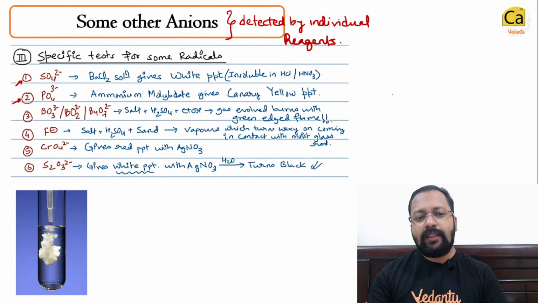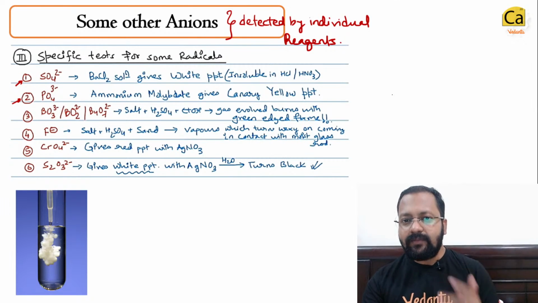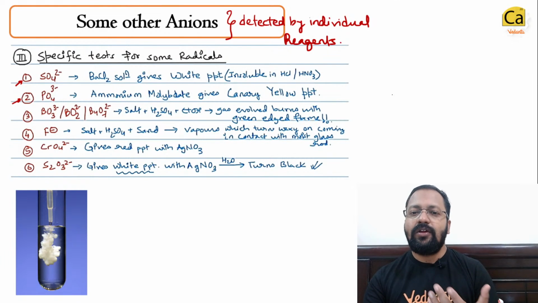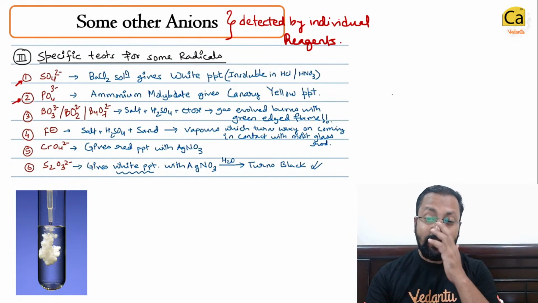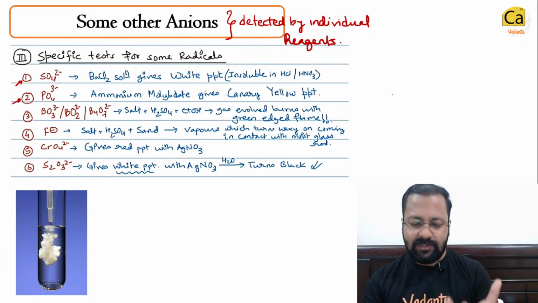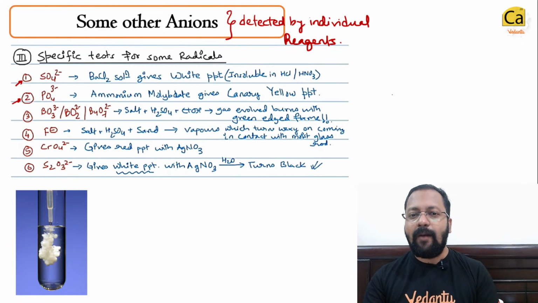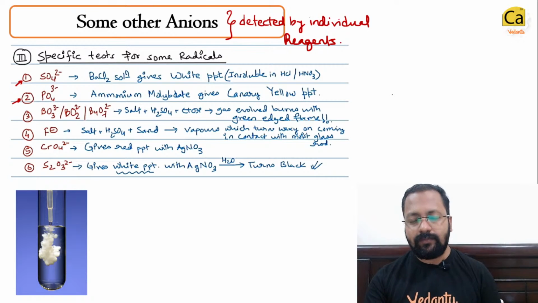So the next one is phosphate. How do we detect phosphate? The way to detect phosphate is that you take the solution and add ammonium molybdate to it.